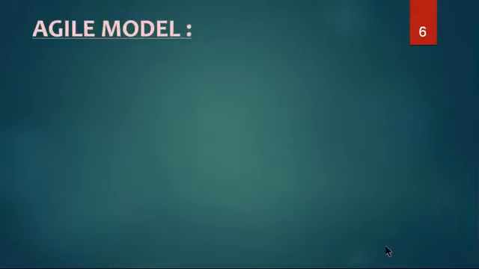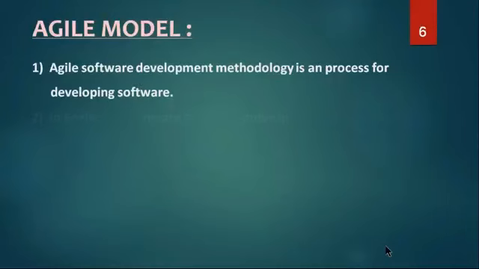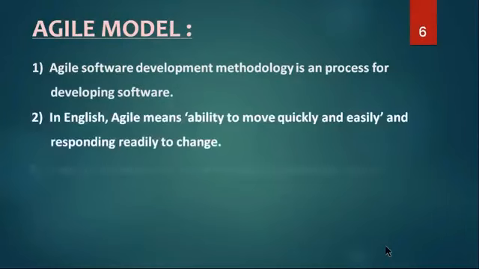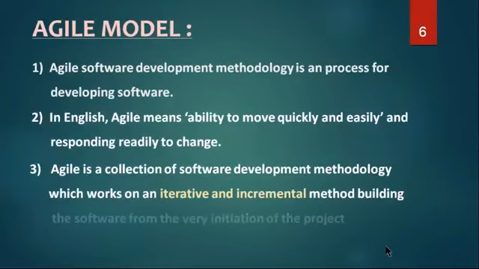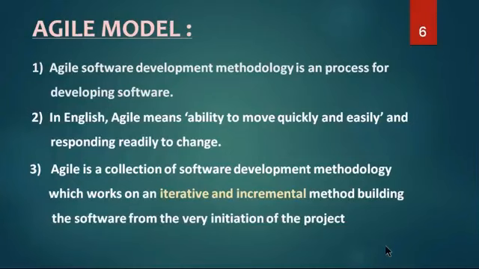But what is the agile model? Agile software development. Agile is also for software development, a methodology or process for developing software. Agile is not an English word as such, but the English meaning of agile is the ability to move quickly and easily and respond readily to change.